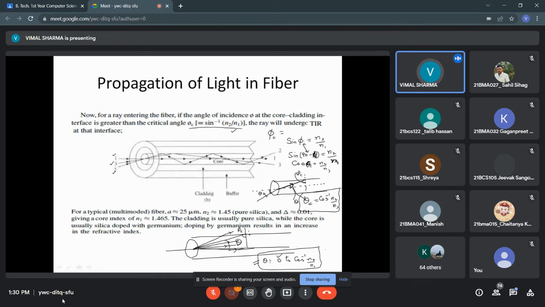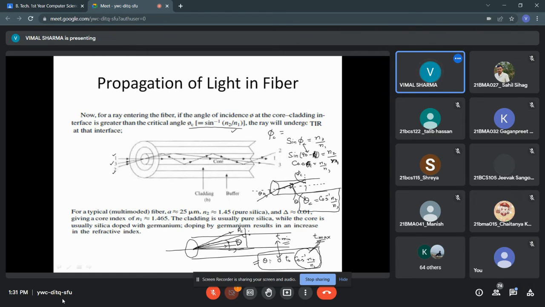The ray which makes this angle with the axis of the optical fiber takes maximum time to travel through the optical fiber, and the ray which makes angle 0 with the axis takes minimum time. The longest path is covered by this ray.